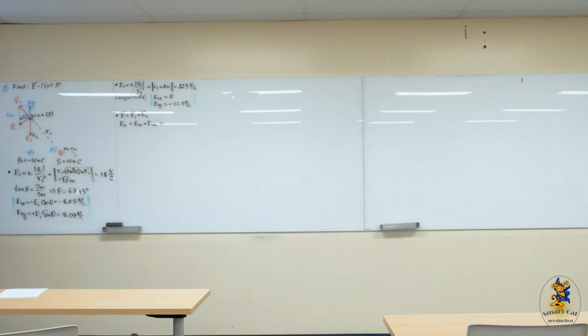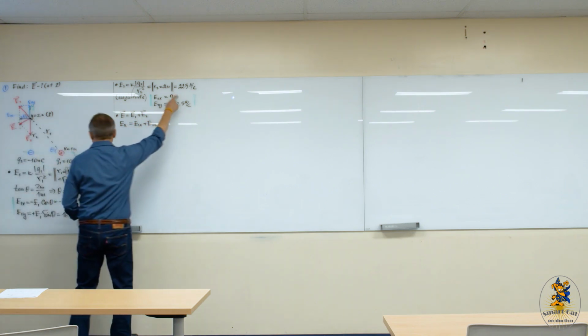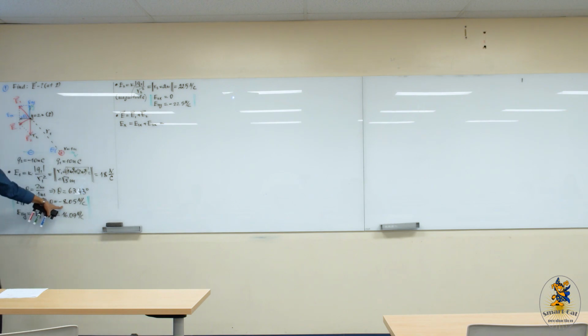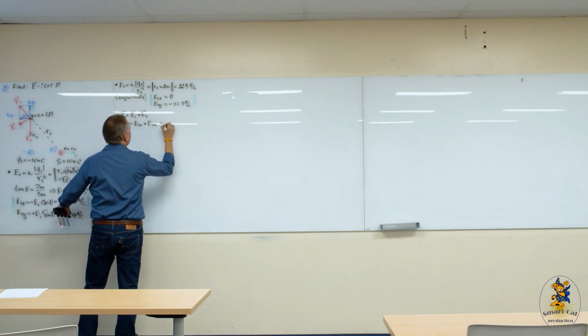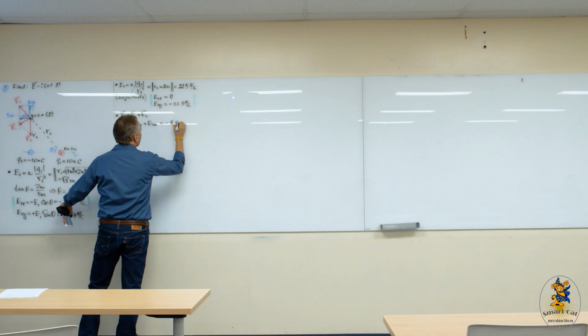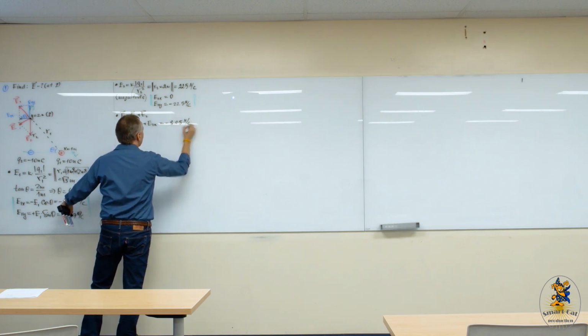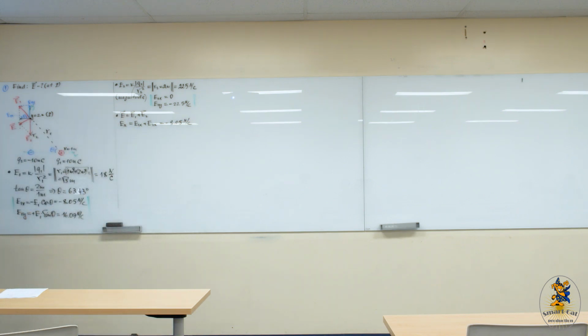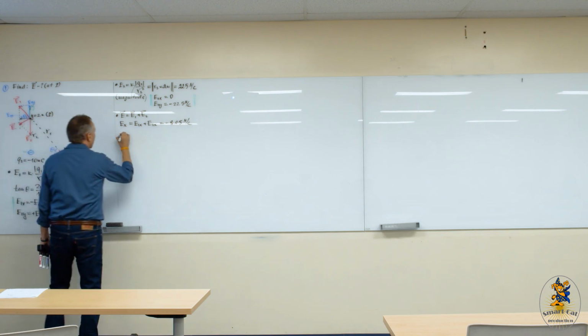X components, this is 0, great. So everything comes from here. Negative 8.05 newtons per coulomb, right? And for y, we need to do some calculations.